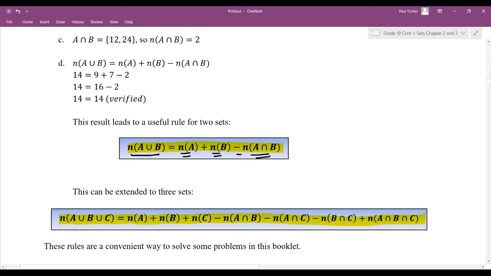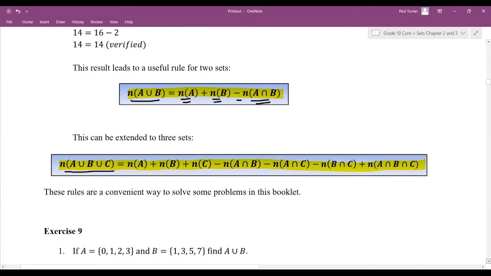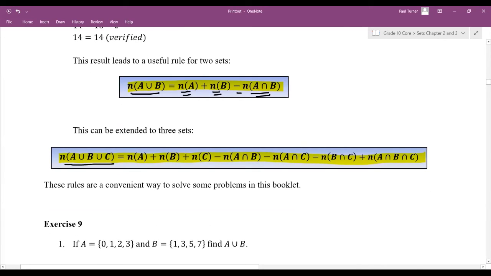When you have 3 circles, we have this rule. The number in the union of A, B, and C is number in A plus number in B plus number in C. And then we subtract each intersection here, each possible intersection, AB, AC, and BC.